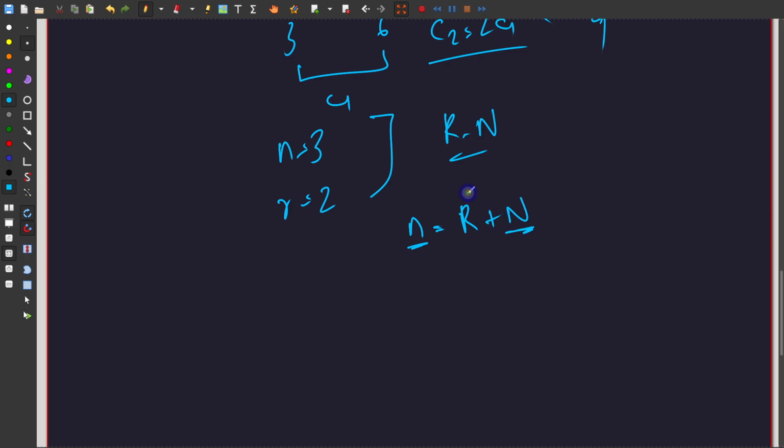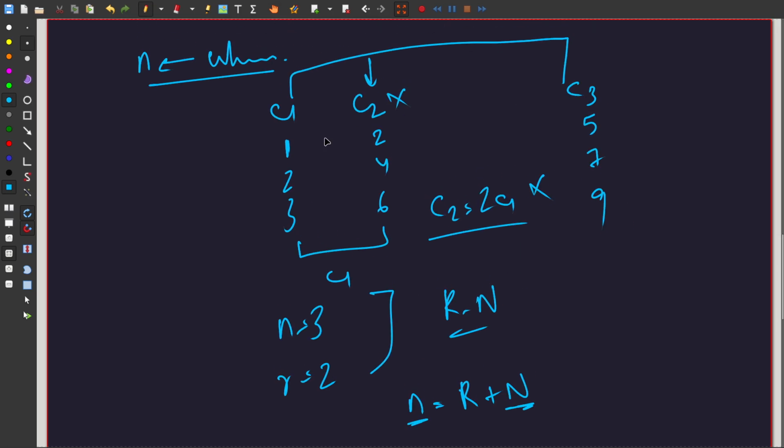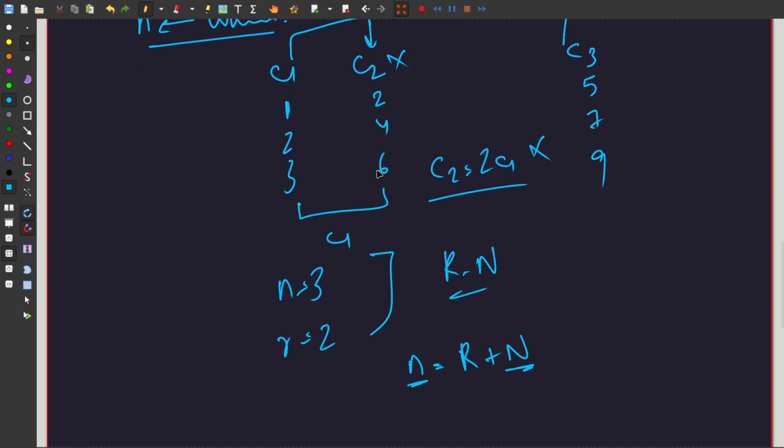Now what is the nullity? Nullity simply refers to the situation where any number of columns are linearly dependent, right? So here in this case, as we notice, C1, C2 are linearly dependent. If you have one, you can find the other. That basically means that the nullity of this particular system is essentially 1, right?